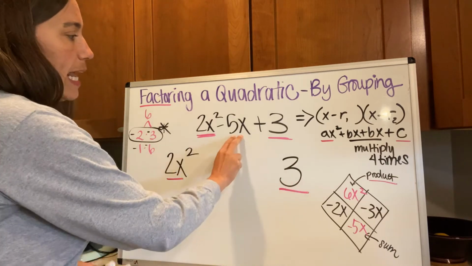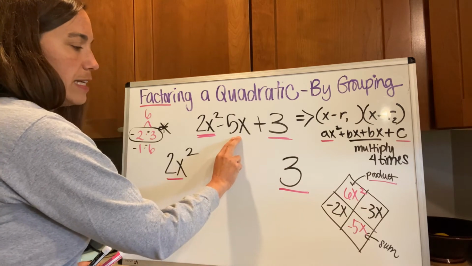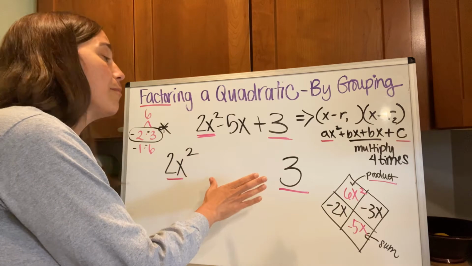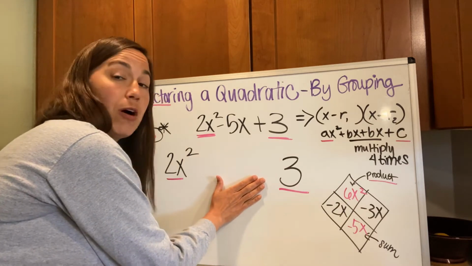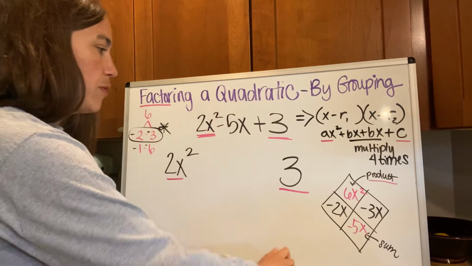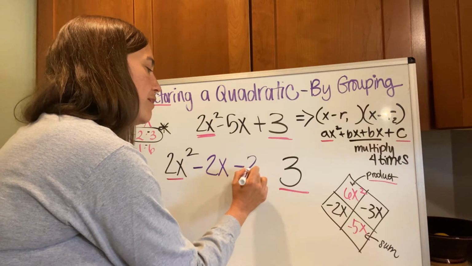And then I'm going to take those two terms that combine together to get negative 5x, and place them right inside here. Pretty much I'm going to write the step that we build when we multiply our binomials, and then we finally combine to get here. So I'm going to write them in purple, negative 2x, and then negative 3x.